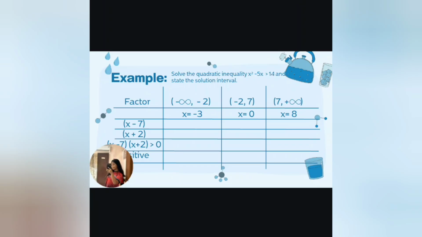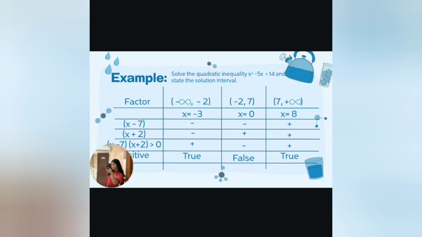On the next part, it is negative infinity to negative 2. So let's find a number that is before negative 2. We can think, let's say, negative 3, since it is less than negative 2.